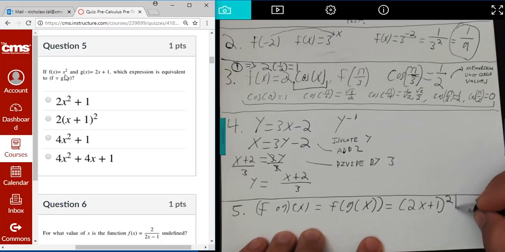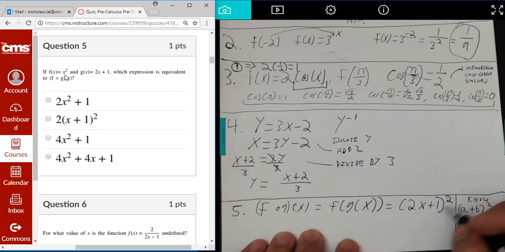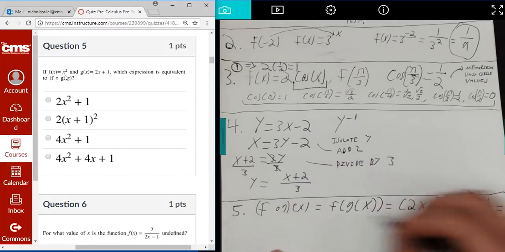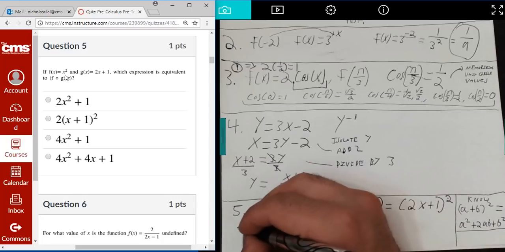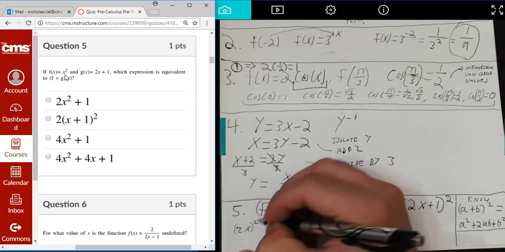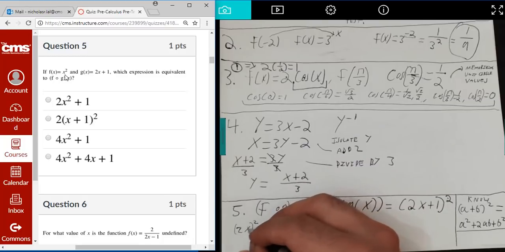Here's just a general trick, so you should know this. A plus b squared equals a squared plus 2ab plus b squared. You can prove this on your own, but this is true. So first we have 2x squared, which is 2 squared is 4, and x squared is x squared.